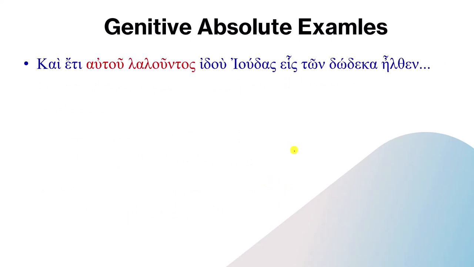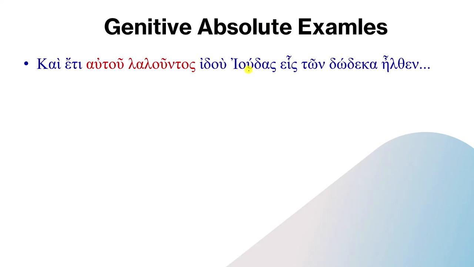So here's an example. Kai eti autou lalountos, idou Ioudas heis tōn dōdeka ēlthen. And so here we have a genitive phrase, autou lalountos, literally he speaking. This is referring to Jesus in the context.